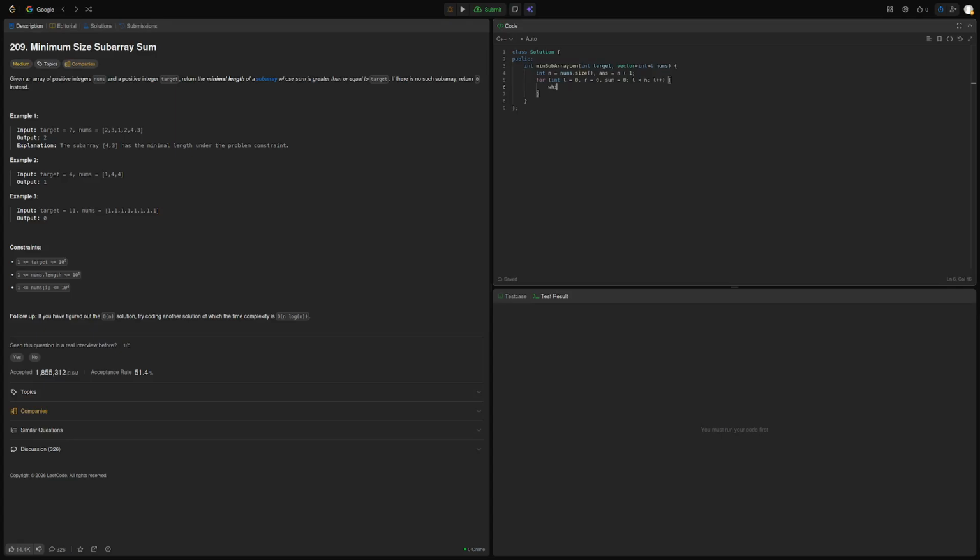So while R is less than n, sum plus equals nums R, R plus plus. If sum is under target, break, otherwise, I mean, maybe I could make it a little more readable.